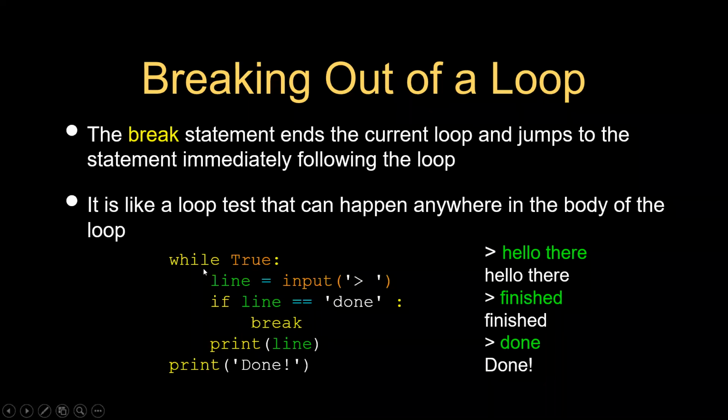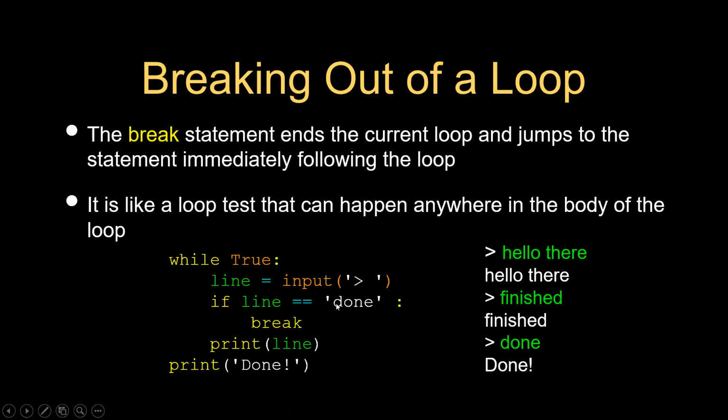Suppose while true, so it will enter into the loop. Input greater than, that means this symbol will come and I will input some text over here. Suppose this symbol came, I input hello there, correct? And once I input it, the hello there is stored in line.